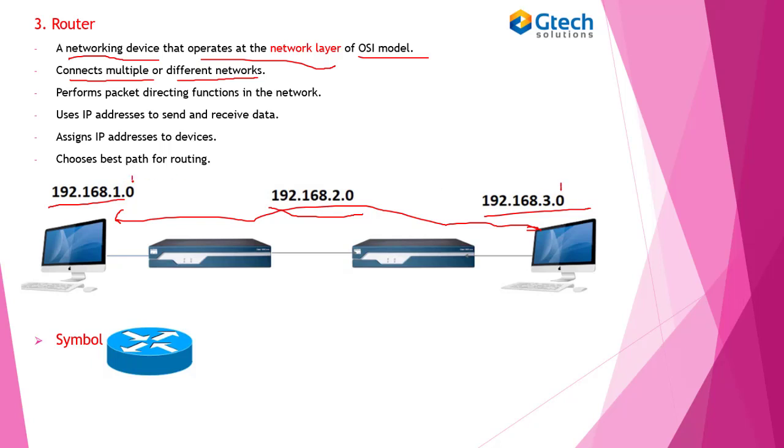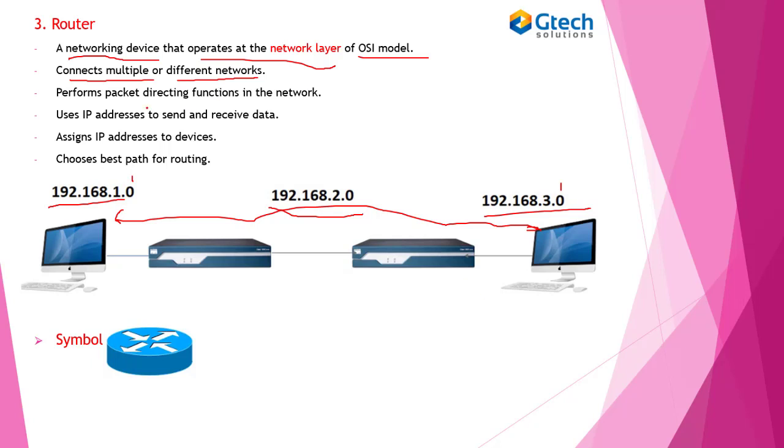By default, they will not communicate. So for them to communicate, we have to place a gateway, a router, in between, to connect the multiple or different networks in order for communication. So the router will act as a gateway to connect these multiple networks in order to communicate.